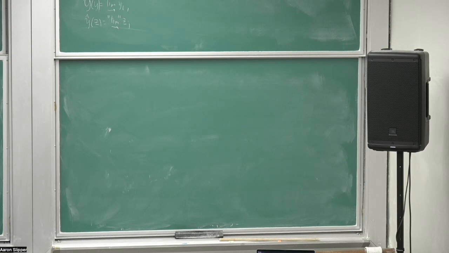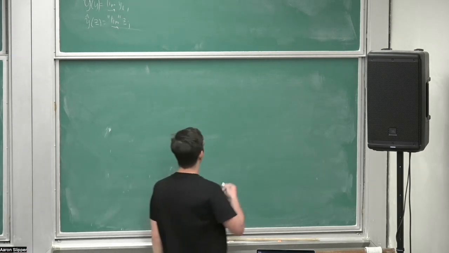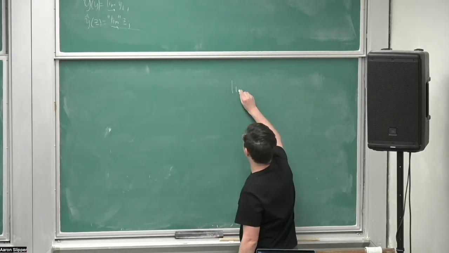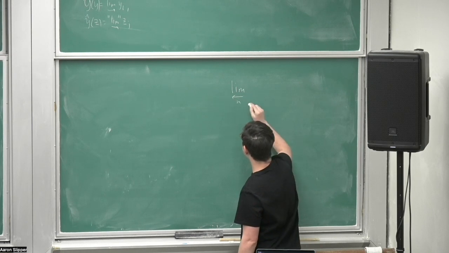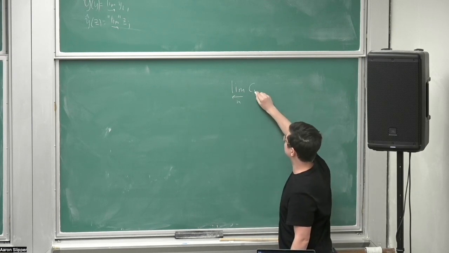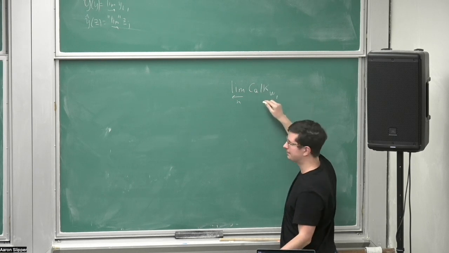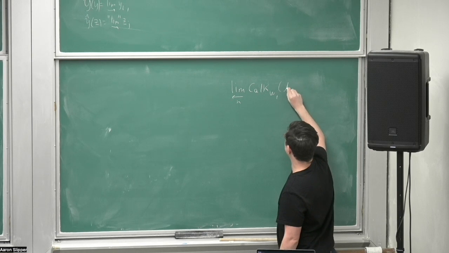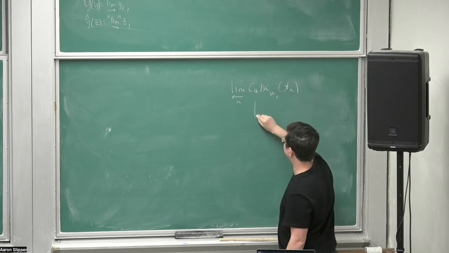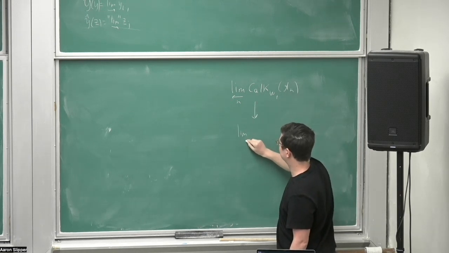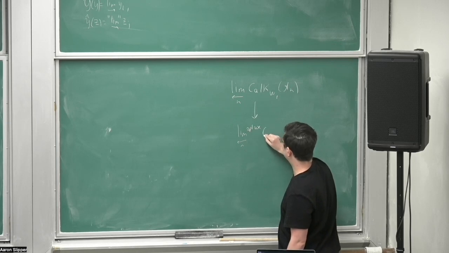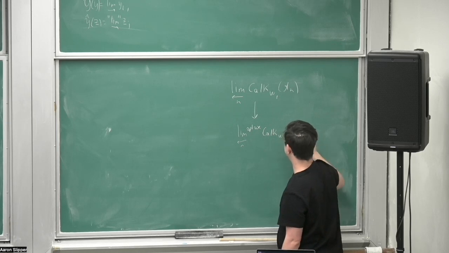Now there is the following way to proceed. We consider this limit of compact categories, which, as I mentioned, is very complicated. We can embed it into the oplax limit of the compact categories.